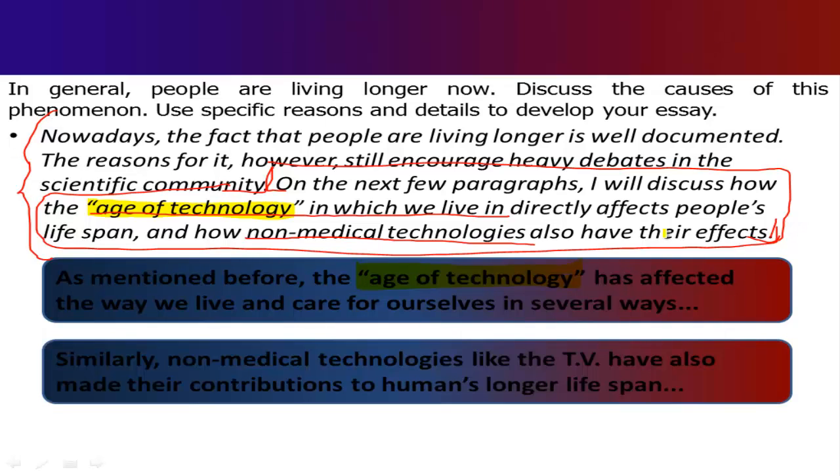In the second topic sentence, I use the word similarly here to show that I'm providing similar ideas. And again, I used the same vocabulary. I repeated the expression non-medical technologies.